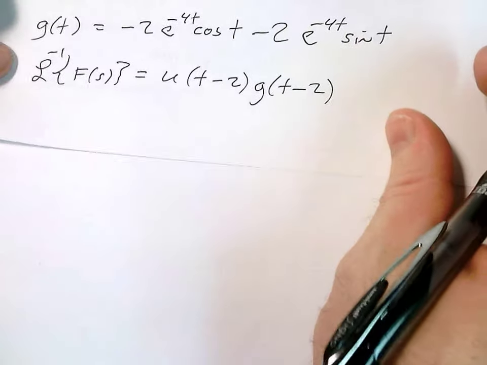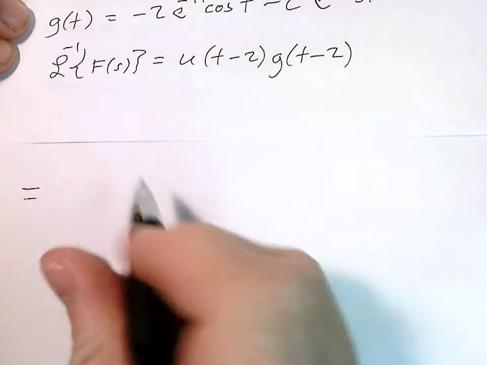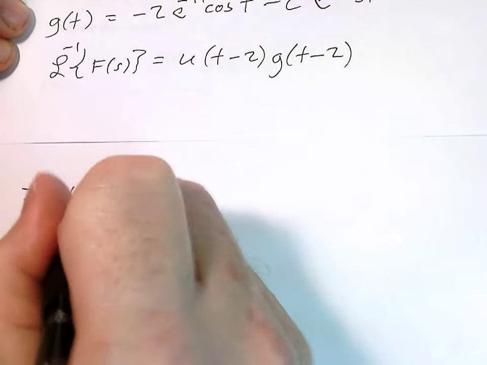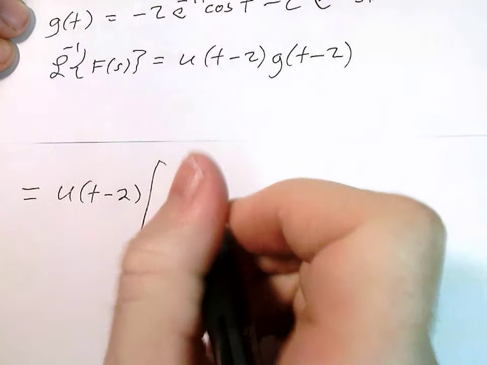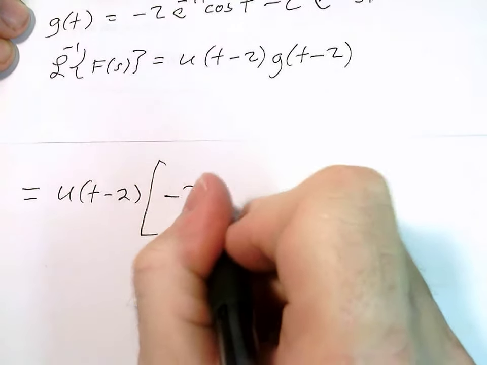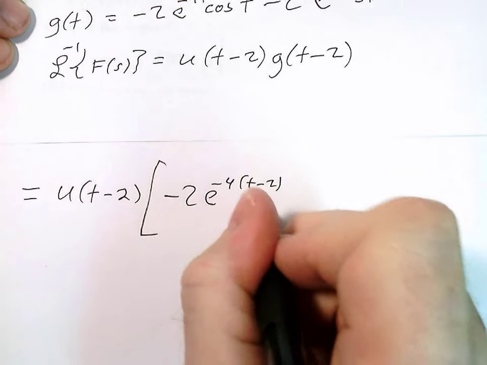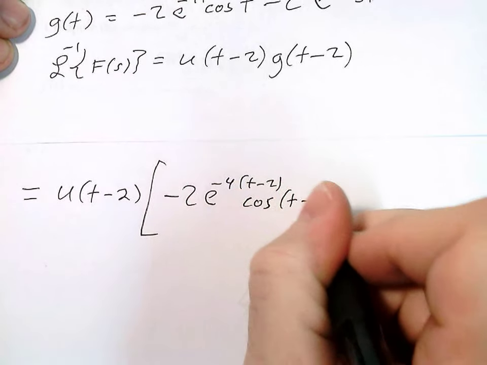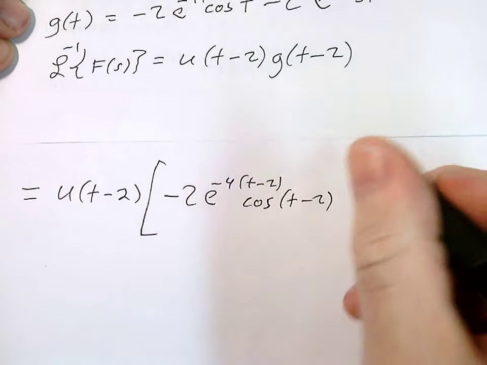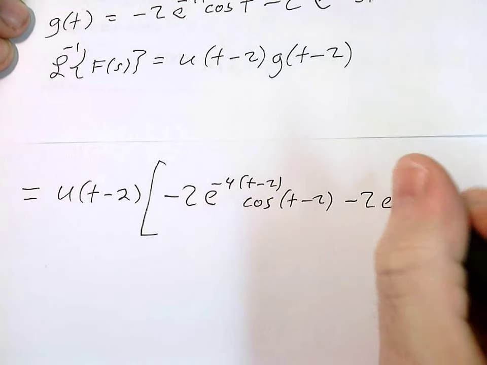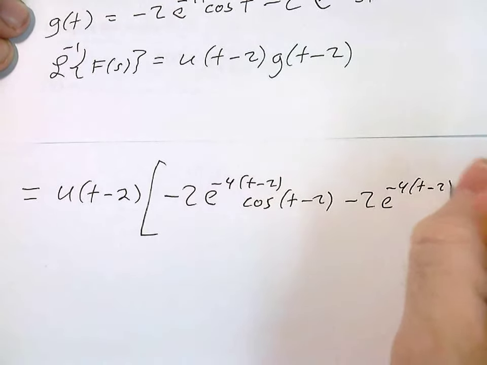So finally, I put everything in there and I get my final answer: u of t minus 2, times negative 2 e to the minus 4 times t minus 2, cosine of t minus 2, minus 2 e to the minus 4 times t minus 2, sine of t minus 2.